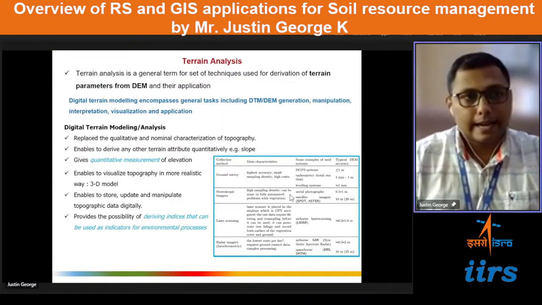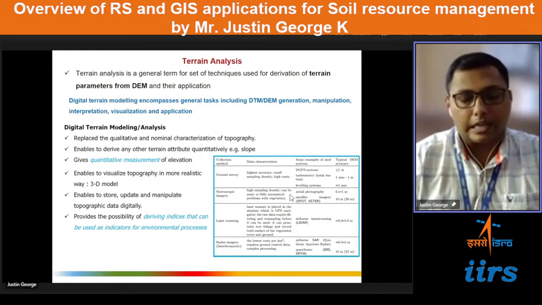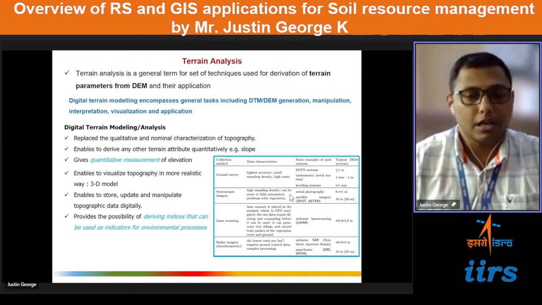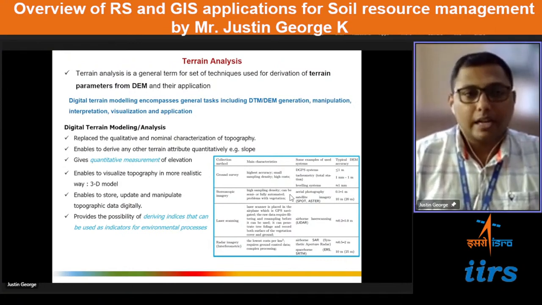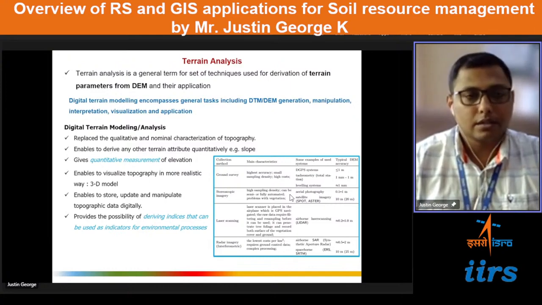So coming to terrain analysis, it is basically a term used for the various techniques which many users are employing for derivation of terrain parameters from DEM as well as their application. So it mainly includes the general tasks including DTM as well as DEM generation, the manipulation, the interpretation, the visualization, as well as the application of these different things.